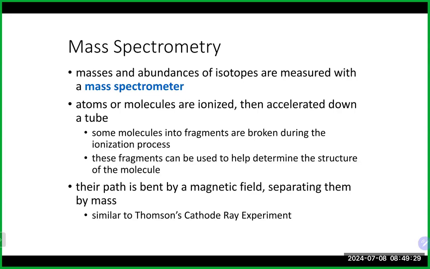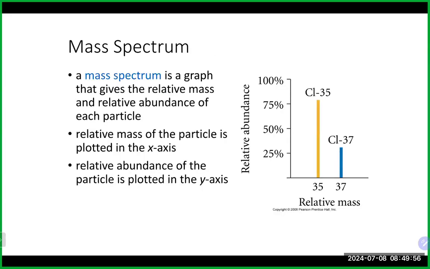Atoms are basically ionized, accelerated down a tube, and separated out by size and mass. And this helps determine the naturally occurring isotopes. They pass through a magnetic field, also a little electric field, and they get separated out on the graph, and they come out based on their masses. So this is the way we can figure out the different percentages.